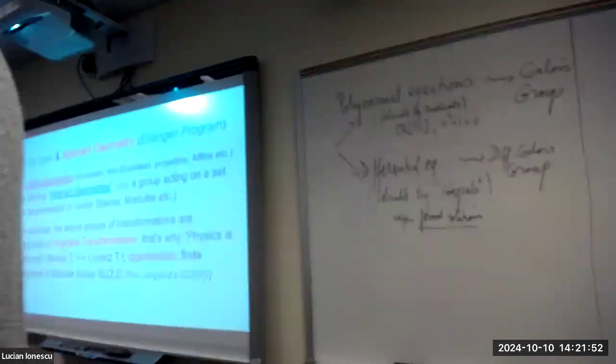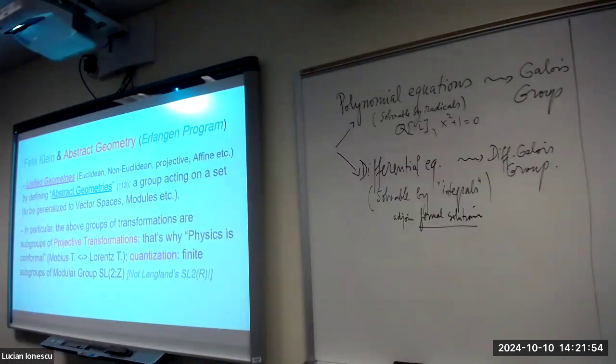Felix Klein, one of the great mathematicians at the end of the 19th century, unified geometries which started to proliferate. So from Euclidean geometry, then we had non-Euclidean, Bolyai, Lobachevsky, and so on.